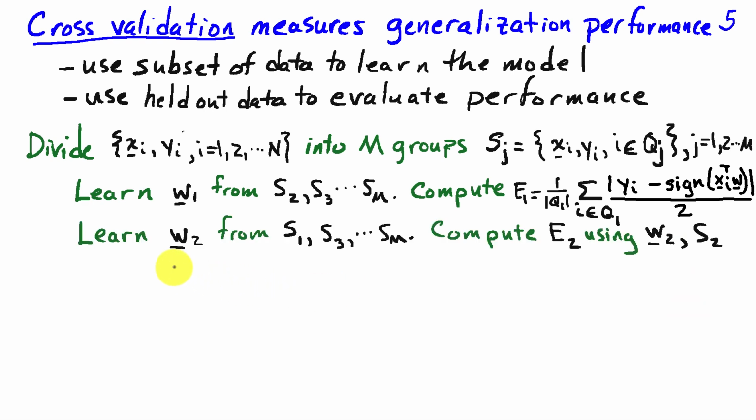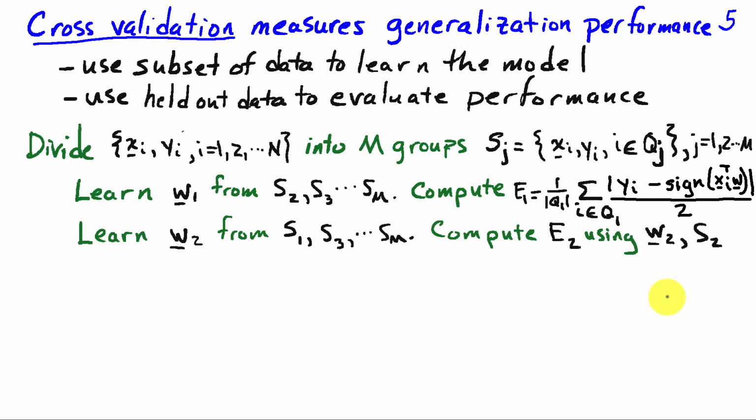Well, now we can use a different set of holdout data. Let's suppose we learn a model W2 by having holdout data S2. In other words, we train W2 using S1, S3, and then all the way up through SM. We can compute an error associated with the holdout set S2 from W2 in a similar manner that we did for W1.